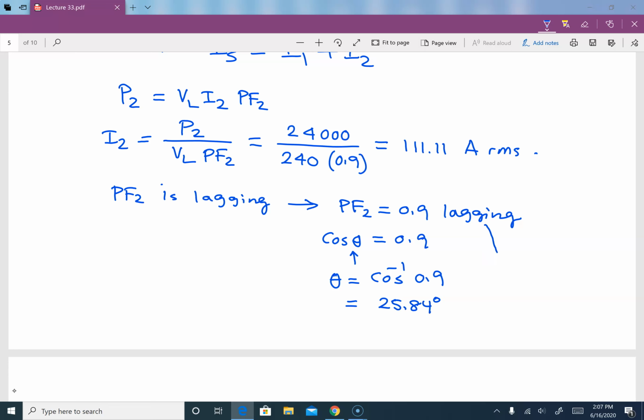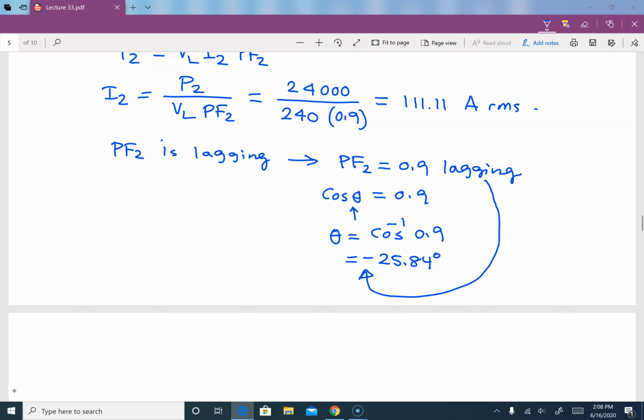Since it is lagging, we put the angle to be negative. Because that was just the magnitude, the phasor I2 is 111.11 with an angle of negative 25.84 degrees, amperes RMS.